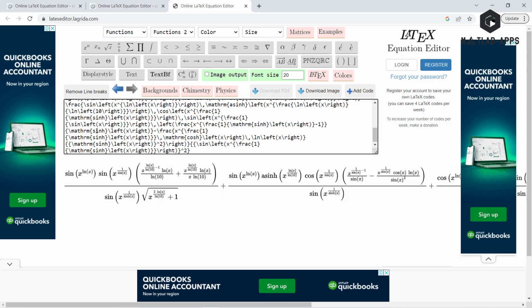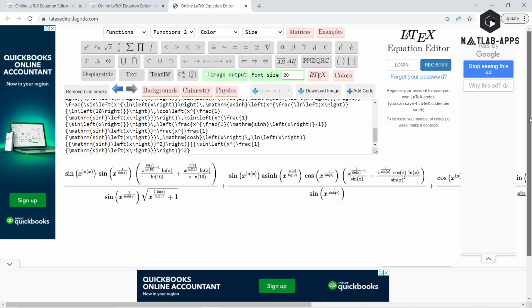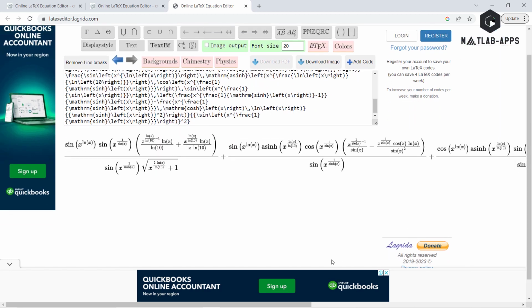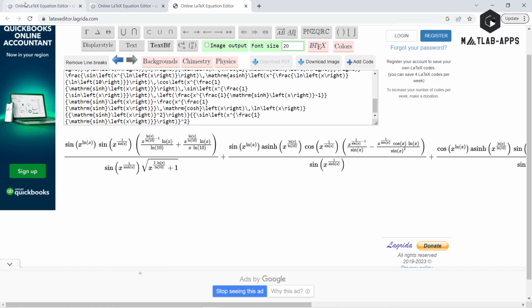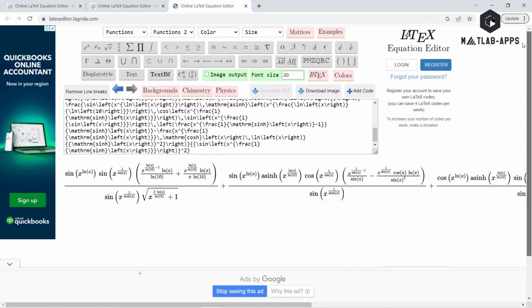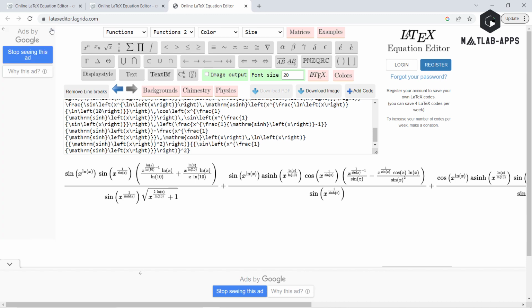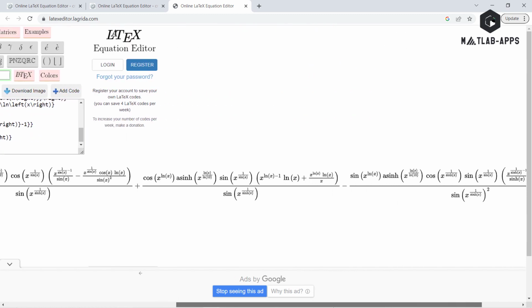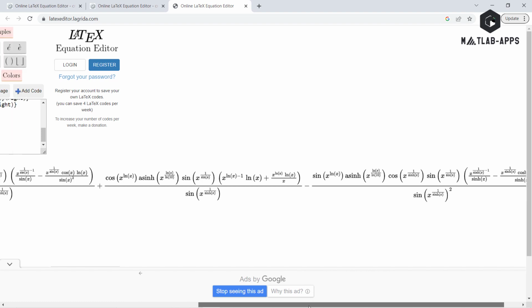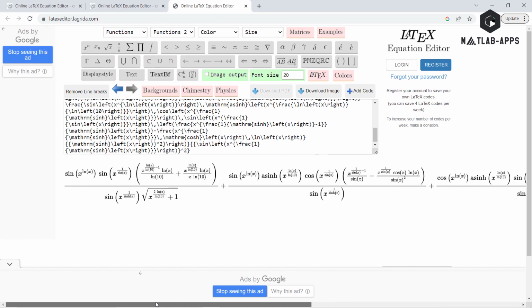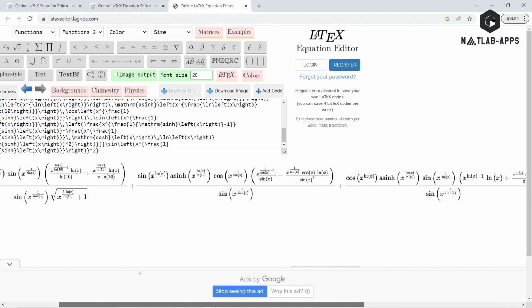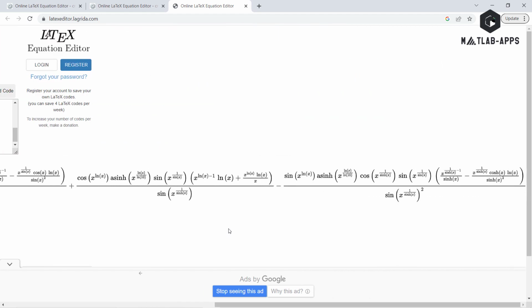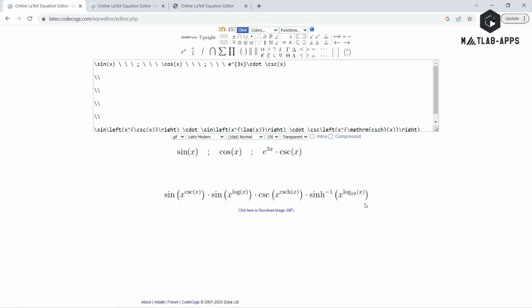So we can see that one. We can see it without ads. Let's close ads. We can see it here. So this is the answer. Can you imagine how complicated it is? This is the solution of this problem, this one.